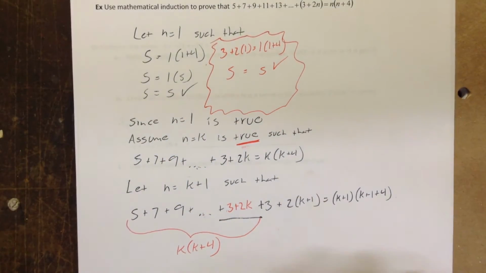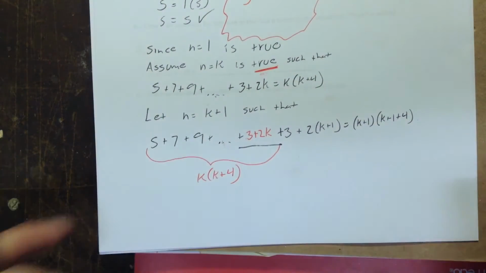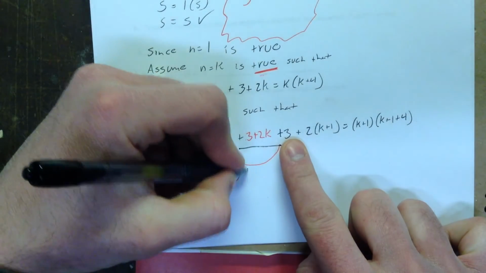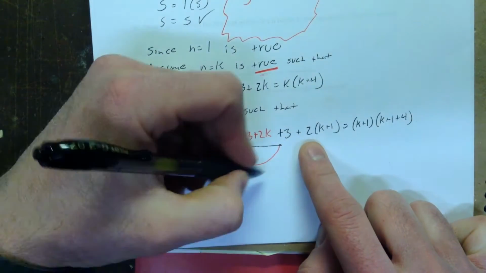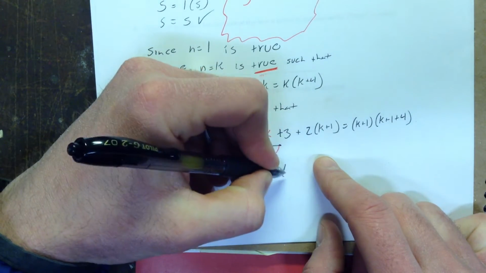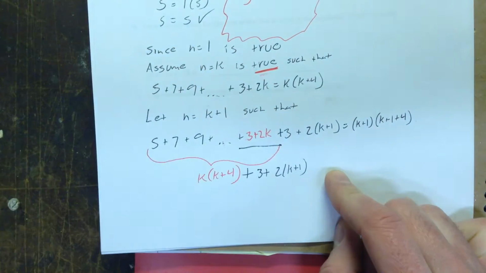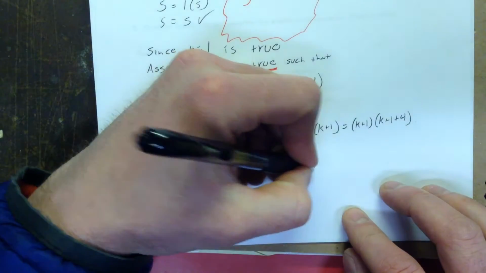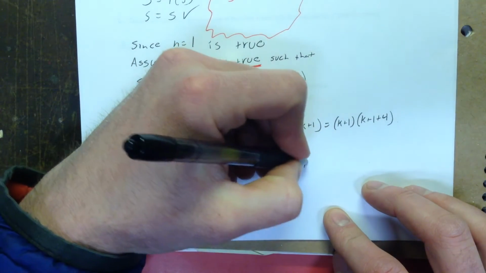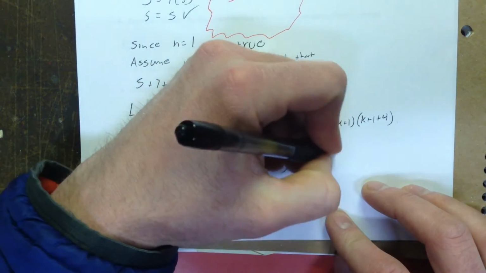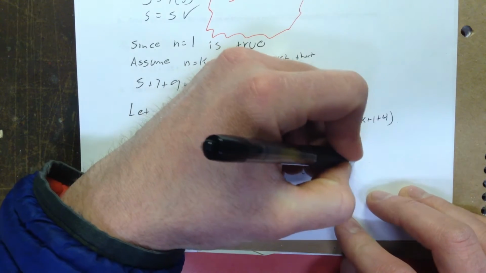Awesome. Then I still have my plus sign right here, and I still have my 3 plus 2k plus 1, and I have everything over on the other side of the equal sign, which is going to be k plus 1 and k plus 1 plus 4.